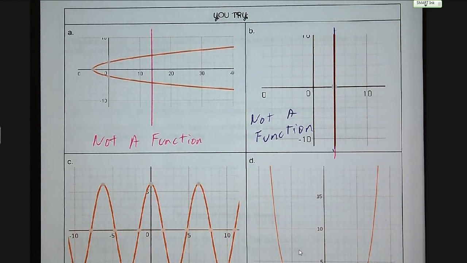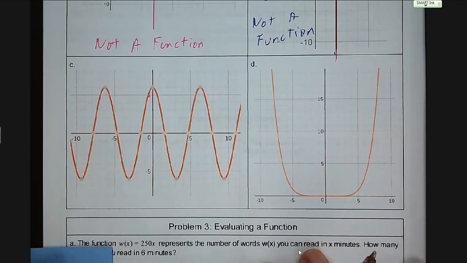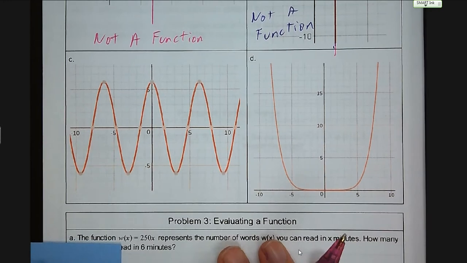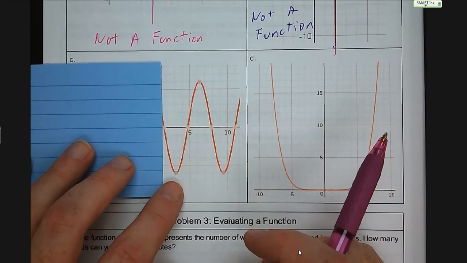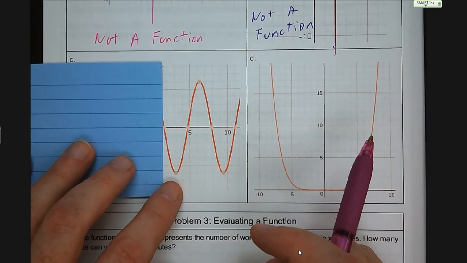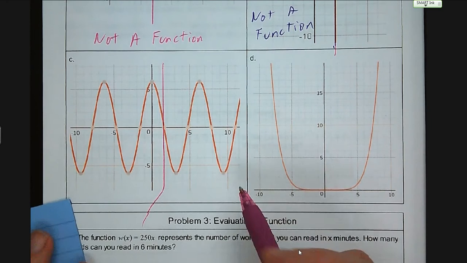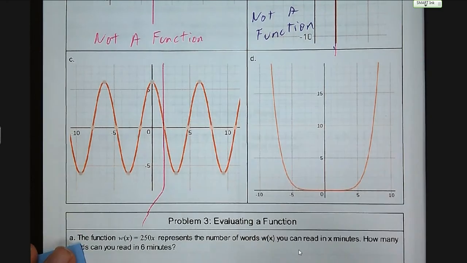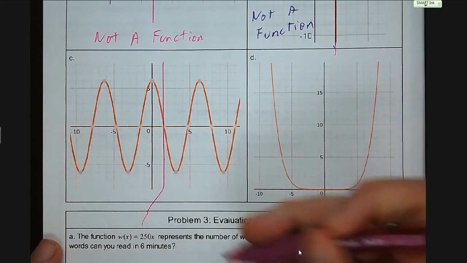All right, next up we have letter C, which is a sine graph. So this is one of our trigonometry functions. And if I just put a random line on here, and we can see it's a pattern that's repeated over and over across the entire grid, there is only one place that that line is crossing our graph, so that is a function.